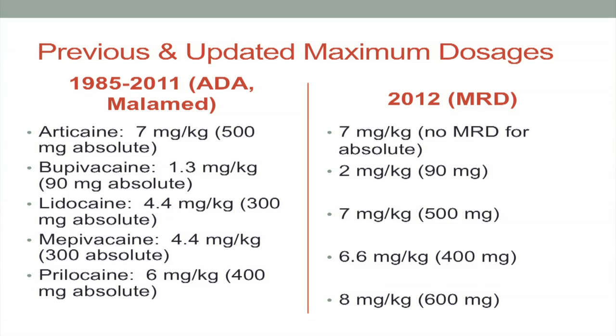Prilocaine is recommended at a dose of 8 milligrams per kilogram with an absolute maximum of 600 milligrams. Although frankly, there remains little use for prilocaine in conventional dentistry.